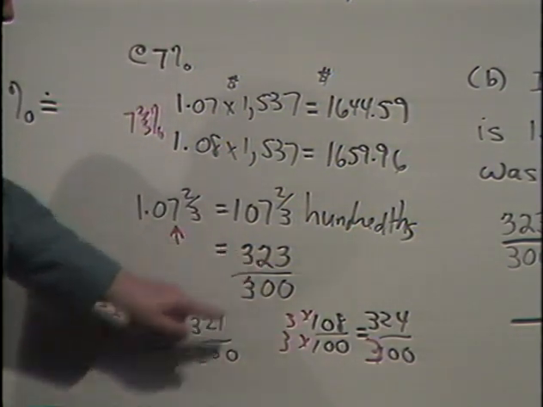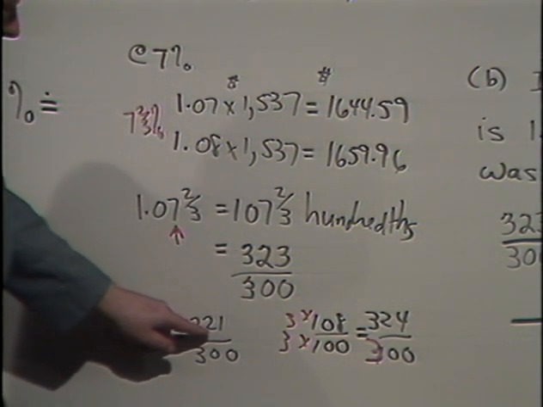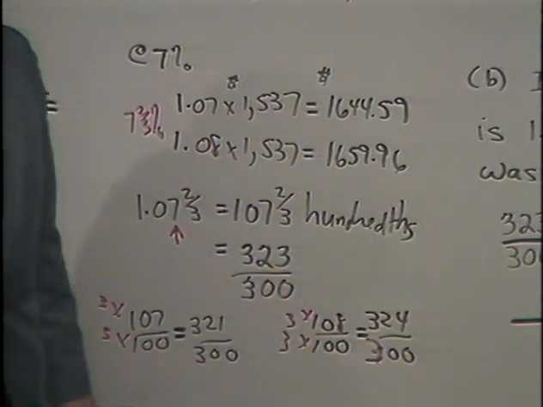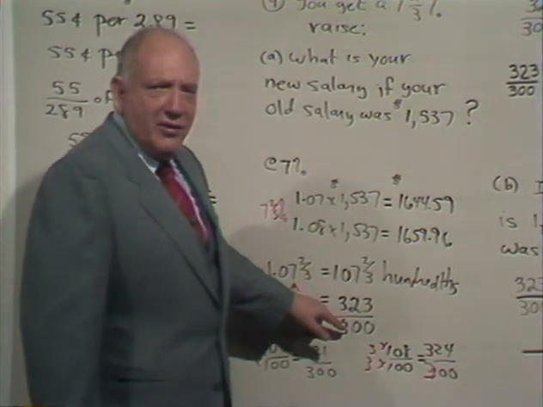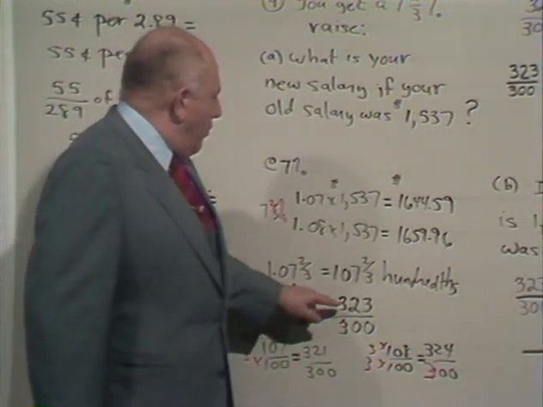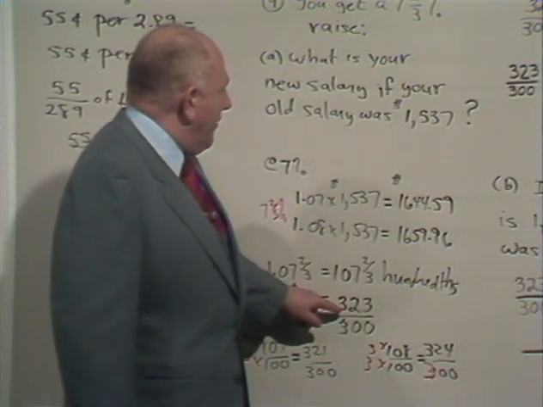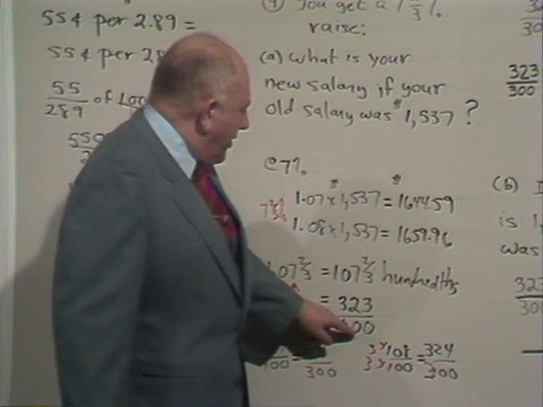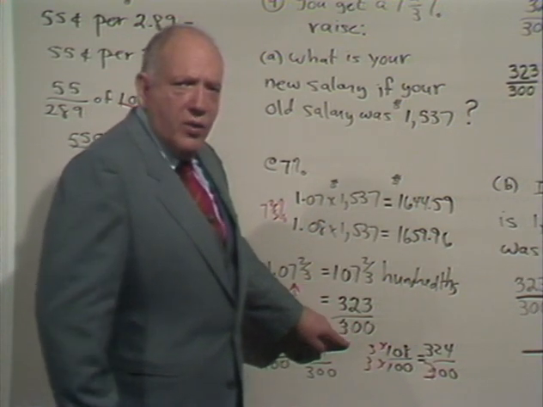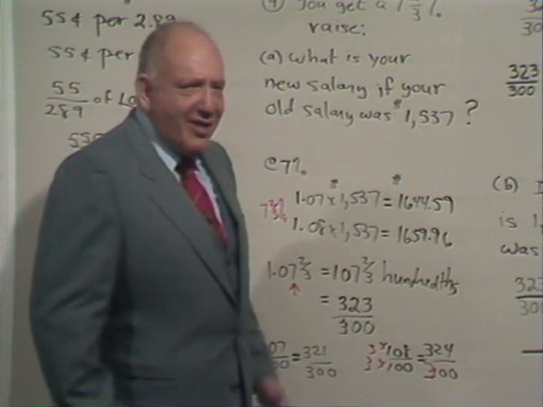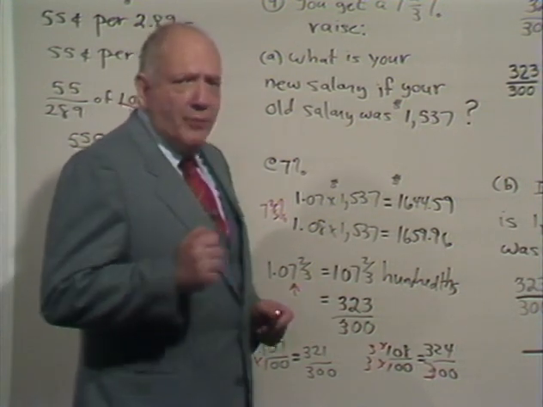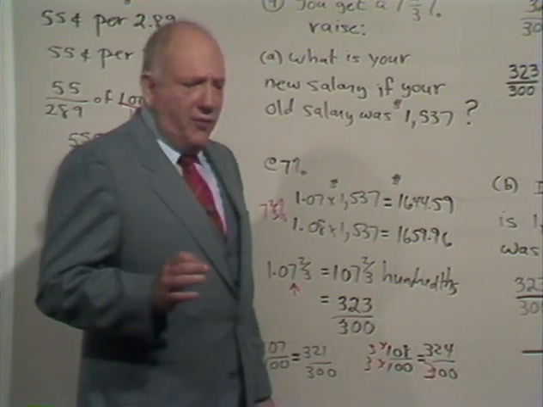And notice that 323 is 2/3 of the way between 321 and 324. So it checks out. But you may not be used to seeing the problem done this way. In other words, what this says is that if your raise is 7 2/3%, for every $300 you were making with the old salary, you're now making $323. That's all that says. So now, armed with that information, we can go to the formula.